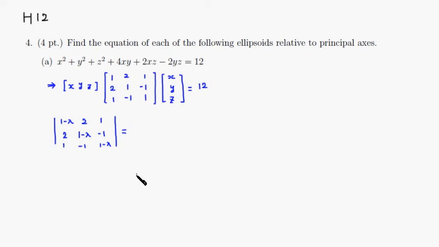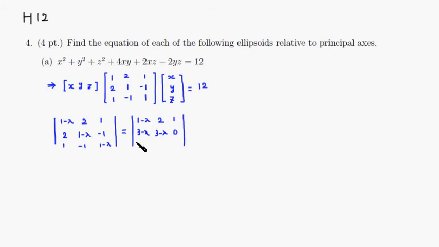Alright, so let's do a little bit of a trick here. Since you have a -1 and a +1, I'm going to add the first row to the second row. So you have 1 minus lambda, 2, 1. Then 2 plus 1 minus lambda is 3 minus lambda, and 1 plus -1 is 0, so it's kind of nice.